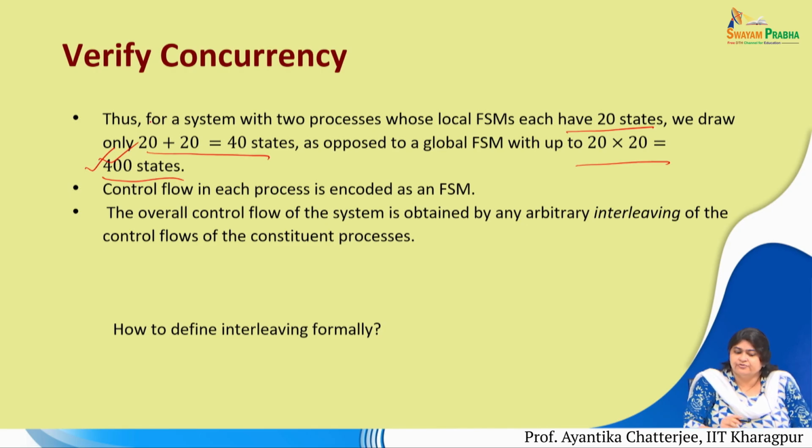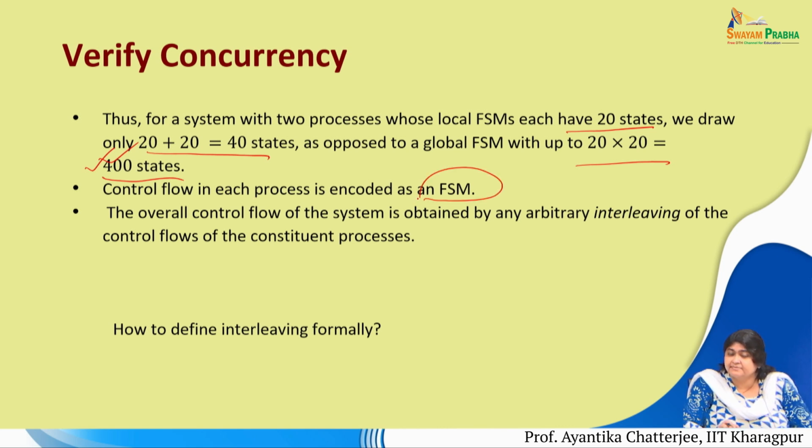So, the control flow in each process, of an overall gross system which has two sub processes, each with 20 states, can be encoded as an FSM.